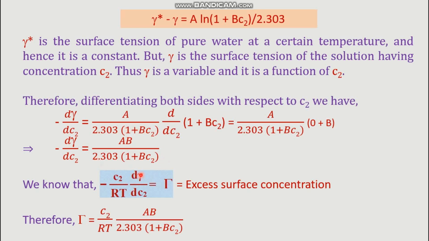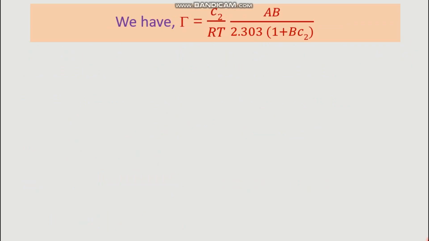So the excess surface concentration is nothing but C2 by RT into AB by 2.303 into 1 plus BC2. Let us carry forward this equation in the next slide.